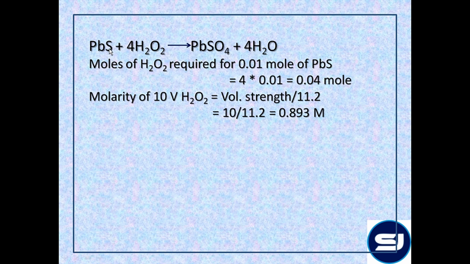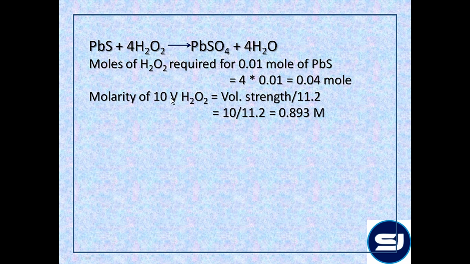So for 1 mole, the peroxide required is 4 moles. Hence, for 0.01 mole of PbS given, the moles of peroxide required would be 4 times 0.01, that is 0.04 moles. So with the 0.01 mole information, we calculated the moles of H₂O₂.